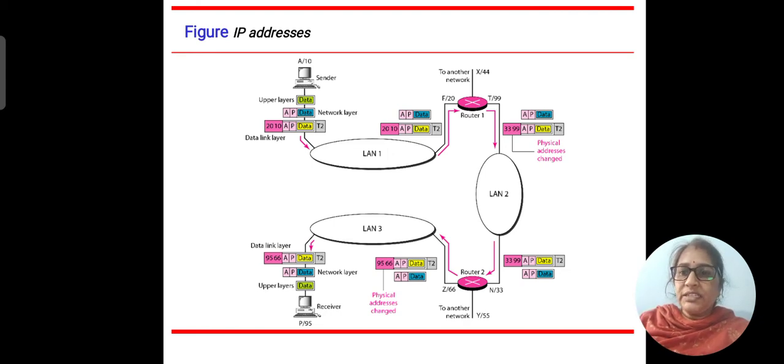The sender encapsulates its data in a packet at the network layer and adds two logical addresses, that is A and P. The network layer consults its routing table and finds the logical address of the next hop, that is router I.